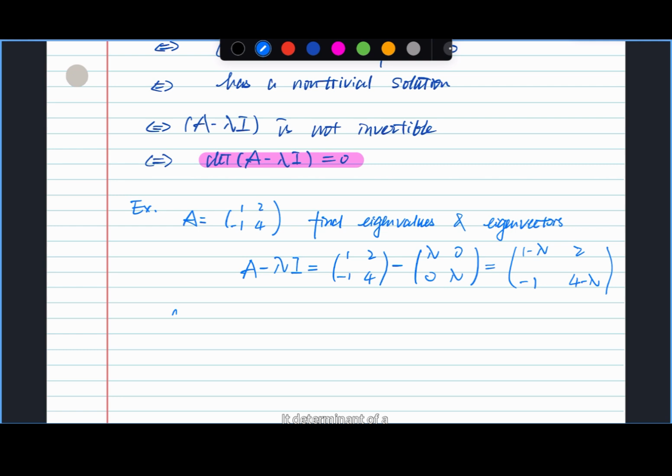Now the determinant of A minus lambda I we can write as 1 minus lambda multiplied by 4 minus lambda, plus 2. And then you just multiply it out. Yes.